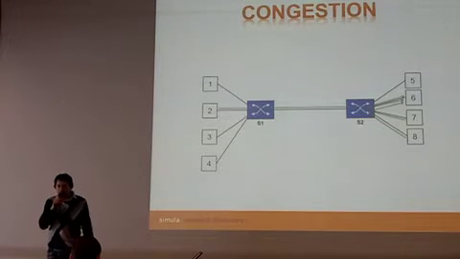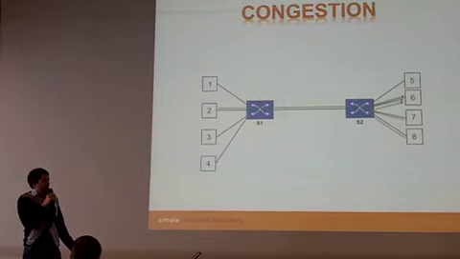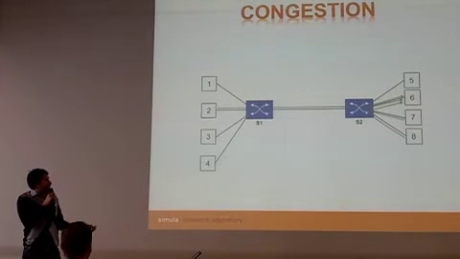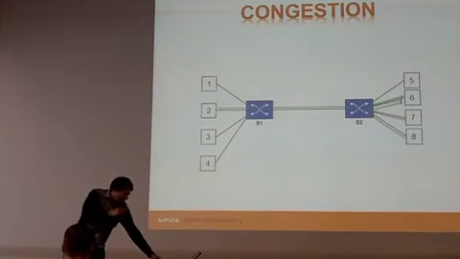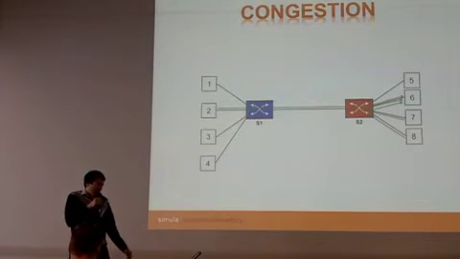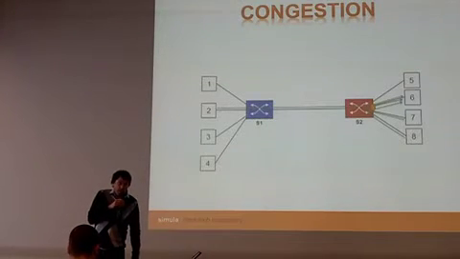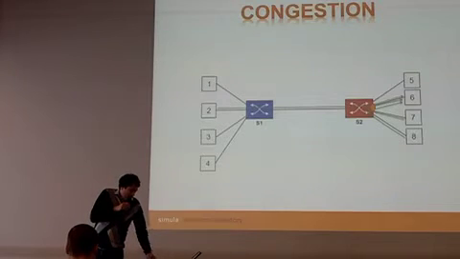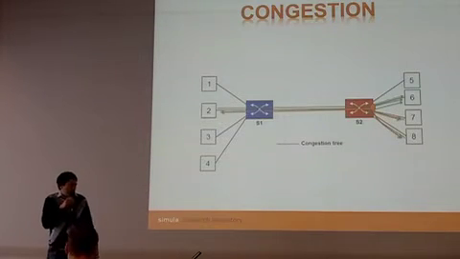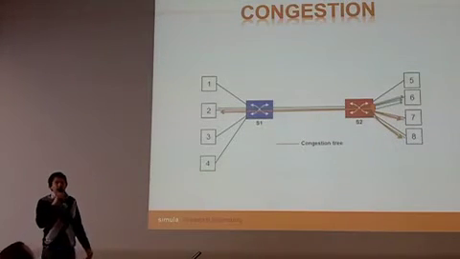But since we are using lossless flow control, there is back pressure in the network, and that means that buffers will fill up all the way from the destination back to all the sources. So first they will fill up in switch 2, and that will further back pressure towards switch 1 and to all the sources. And then we have a congestion tree created in the network.